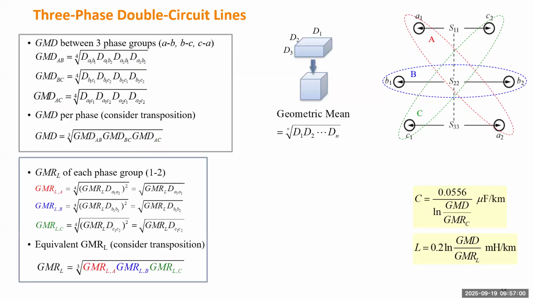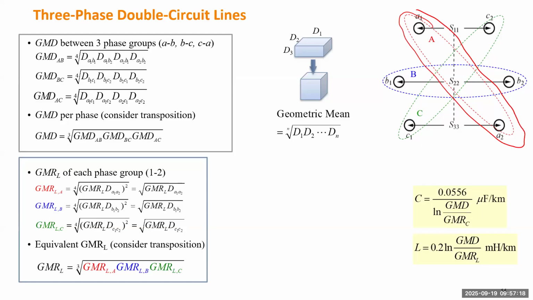How about the GMR? Let's first calculate GMR L for each group. For each group, we only study, like for group A, only group A, right? Only 2 conductors.